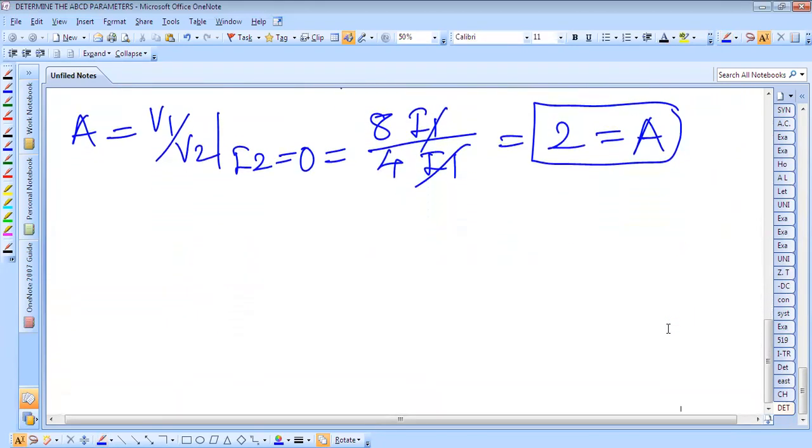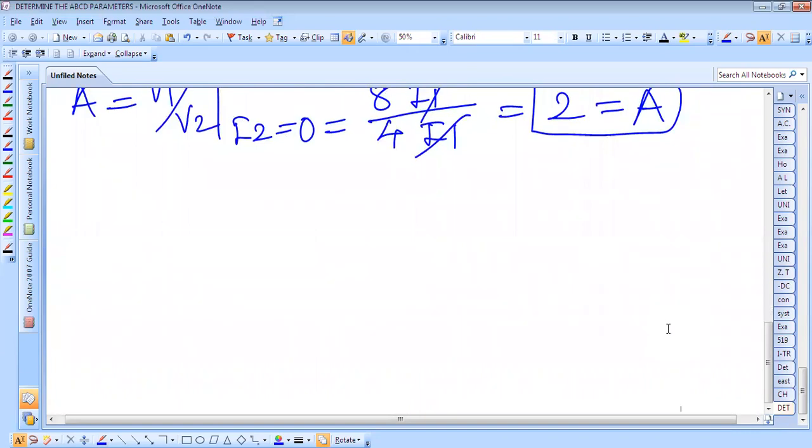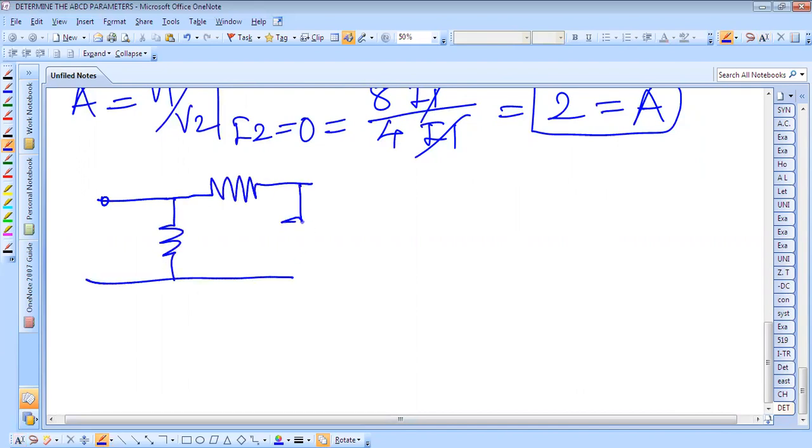So for B and D, what we have to do? We have to short the output terminal. So when you short this output port, this resistance will also short, and the circuit will become like this.